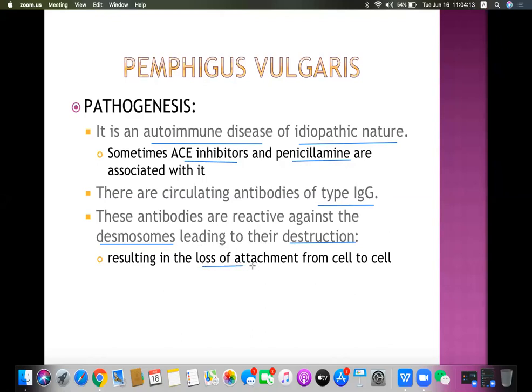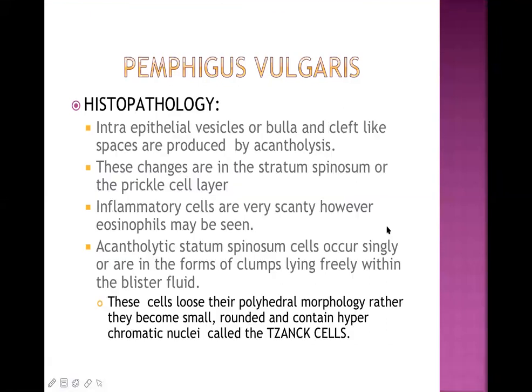There is loss of attachment from cell to cell. So this cell will become free now. They can change their shape a little bit because they are not connecting with anything else. So this is a very important point in Pemphigus vulgaris. The main thing is destruction of the desmosome.